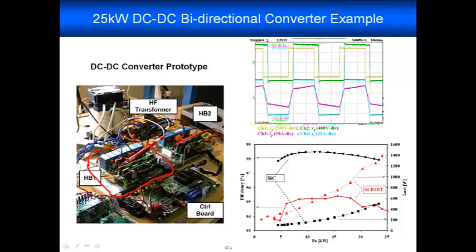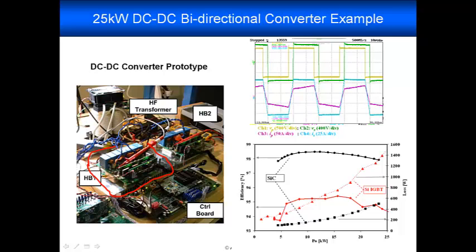The two identical H bridges, one over here, one over here. The gate drive and power supplies for the bridges are on top of the board. The switching devices, which are silicon carbide MOSFET modules, are under the board, mounted on the heatsink. The capacitances on either side of the bridge are these film capacitors on top of the board.